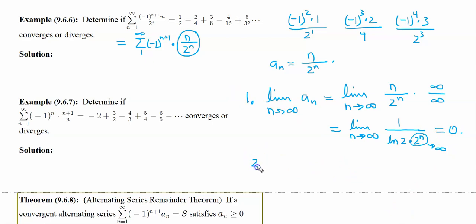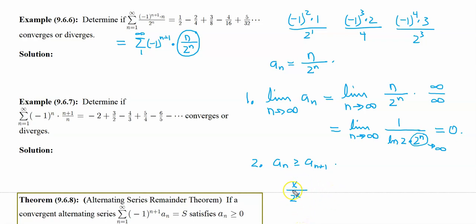Now for condition 2, we have to show that this is true, or determine if it's not true. If it isn't true, then we can't apply the alternating series test. We would have to try to do something else. So we want to verify this holds. Well, if we consider this function, let's differentiate this and see if it's negative.